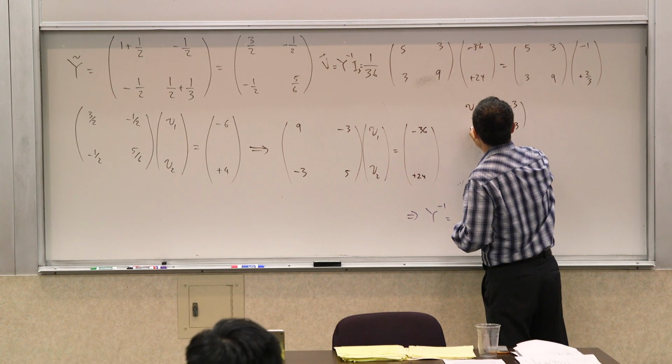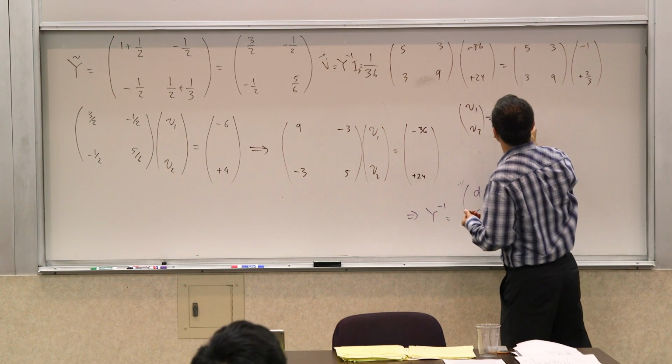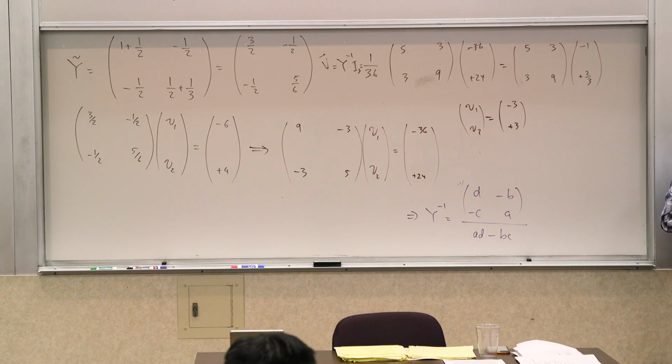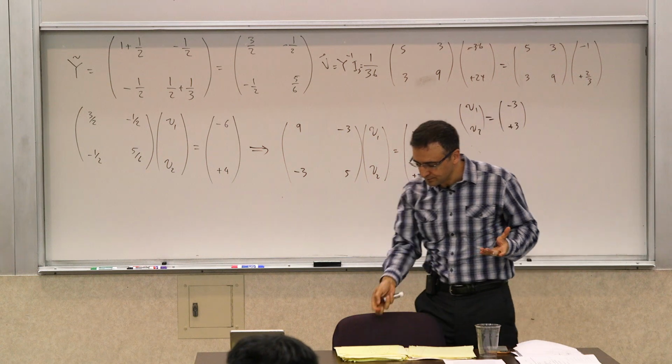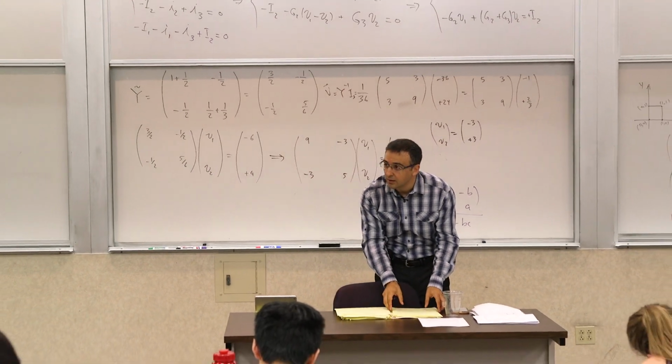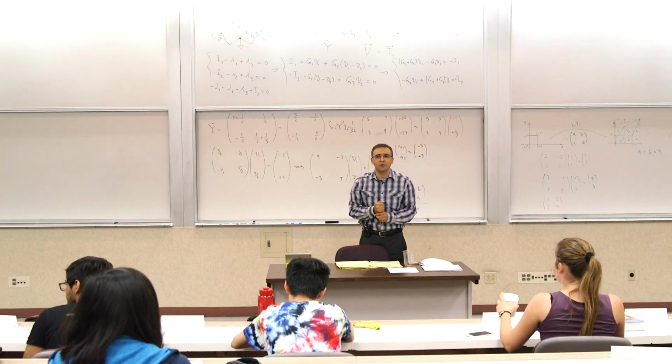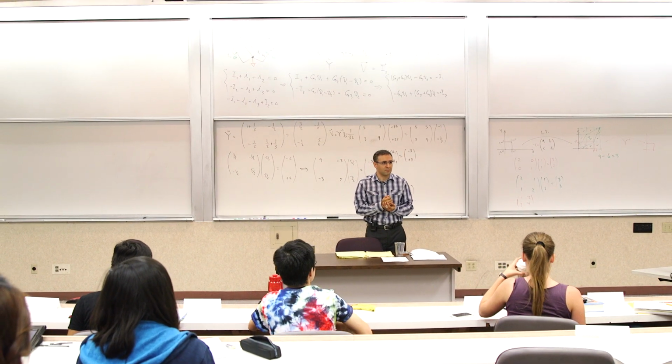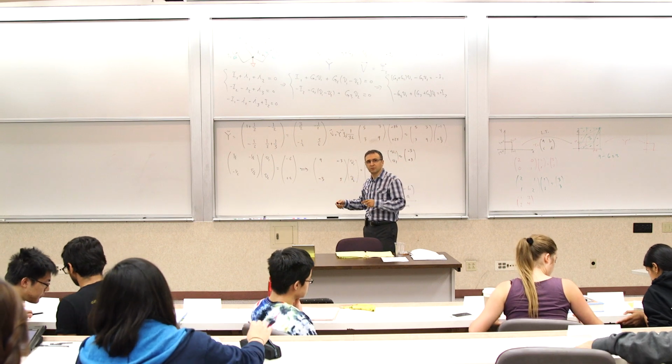So v1, v2 are those. In other words, v1 is negative 3, and v2 is positive 3. So you've solved this problem. You've solved a mathematical problem now, essentially. OK? All right, let's take a quick break now. We'll do more examples when we come back, and we'll talk about more special and interesting cases.